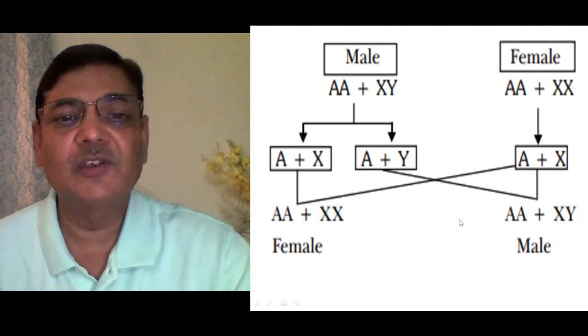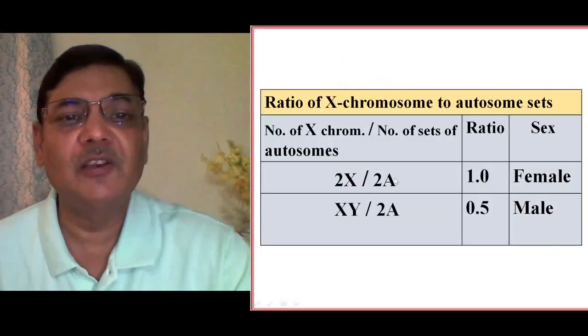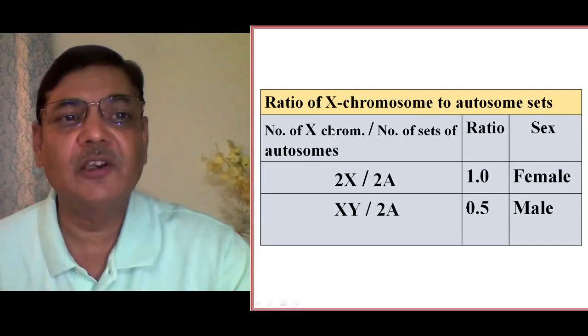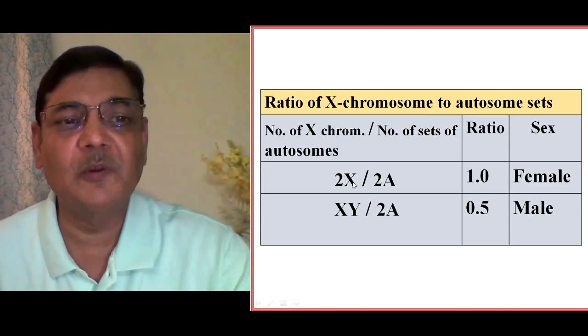But besides this, there are other factors also, and one of the important things is the ratio of X chromosomes to autosome sets. This is also important for determining sex in Drosophila. If two X chromosomes are present, and two sets of autosomes are there, then 2 by 2, the ratio comes to 1.